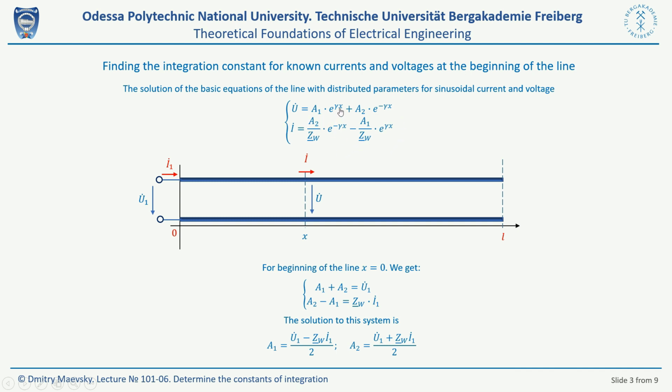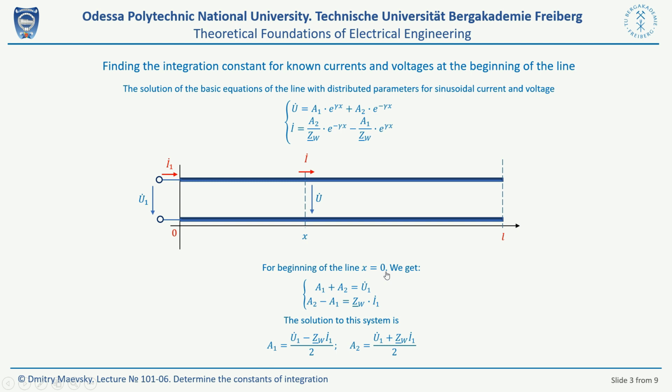It allows you to calculate the current and voltage at any point on the line which is at a distance x from the beginning of the line. At the beginning of the line, x equals 0.